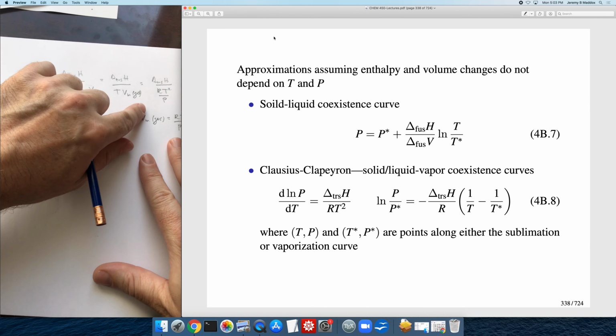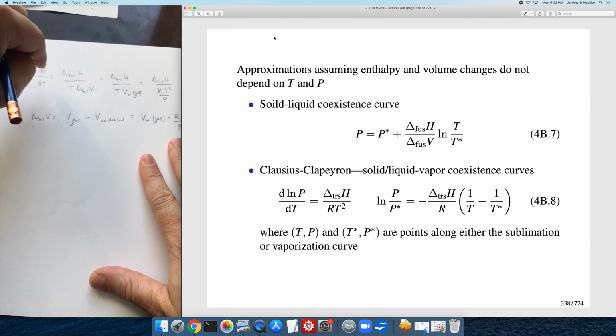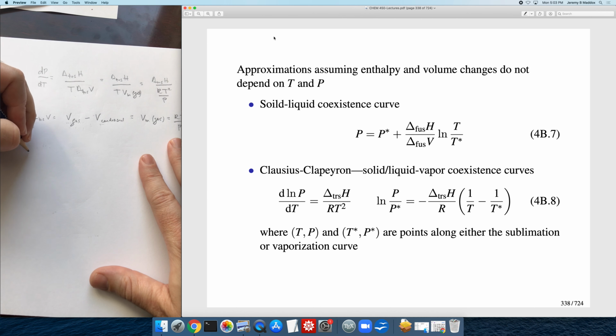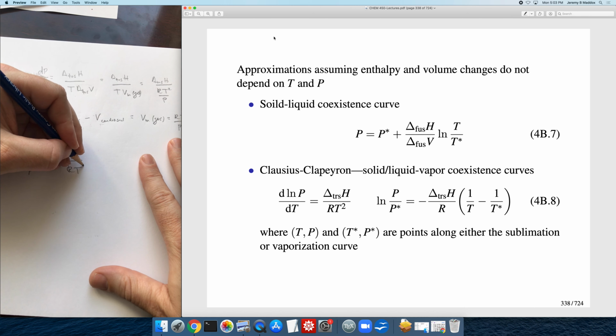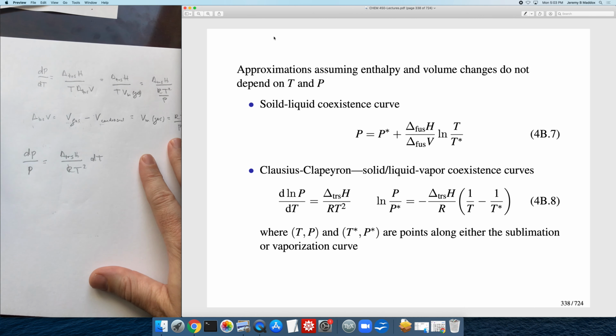And now we're going to do a little bit of rearranging. So we're going to put the pressures on one side and the temperatures on the other. This is going to give us dP over P equals the transition enthalpy over RT squared dT.